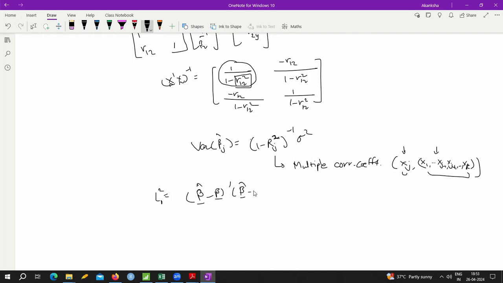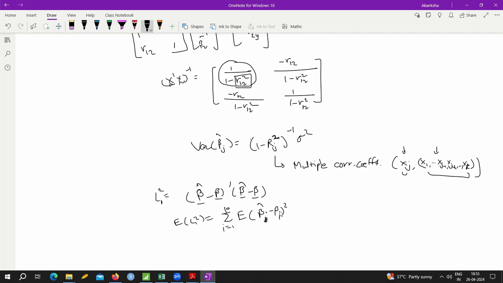Because we want a single value, the expectation of this L1 square will be the expectation of this quantity, which we know is simply a dot product. So this will be the sum over i going from 1 to p of the expectation of (beta i hat minus beta i) whole square, and we know all the least squares estimates are unbiased.